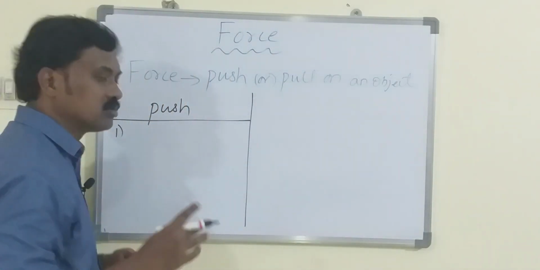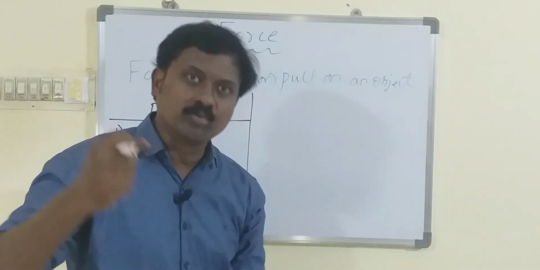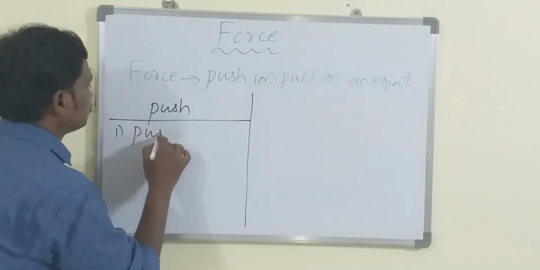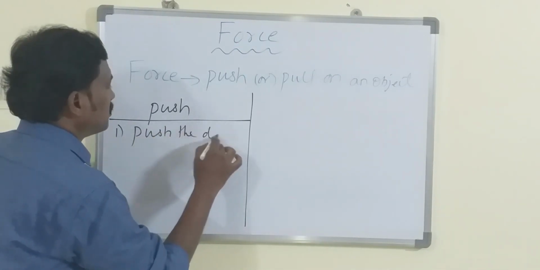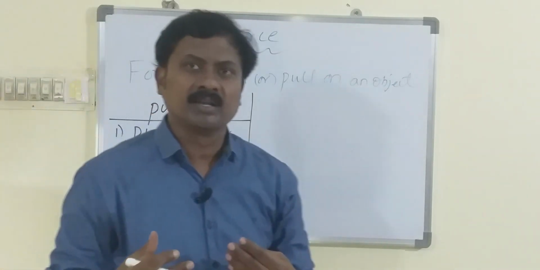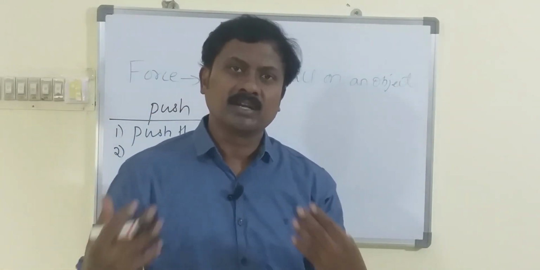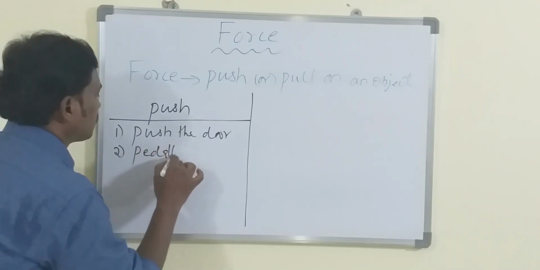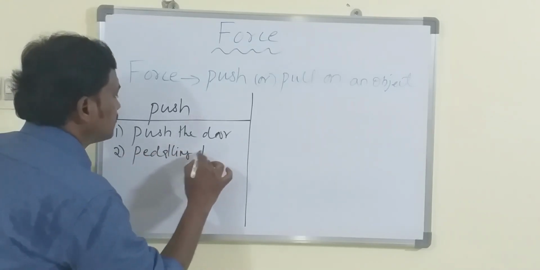Push the door. When it is written push, you cannot pull it to open it, right? So push the door, and you can see that is pedaling. Pedaling the cycle.